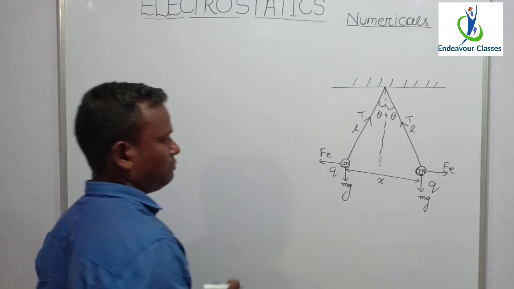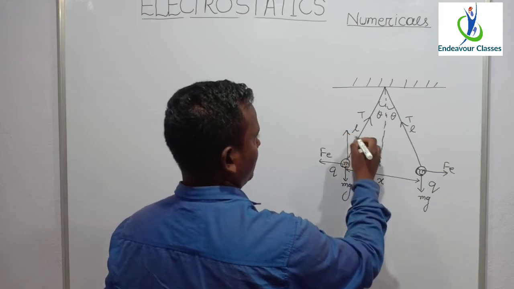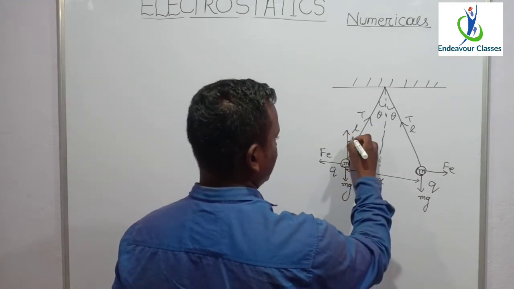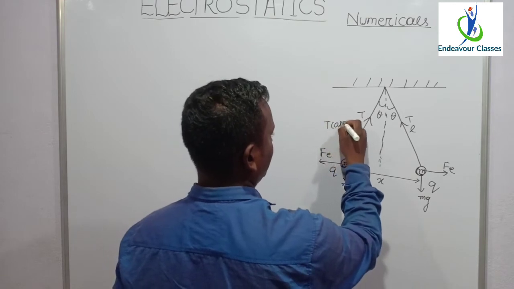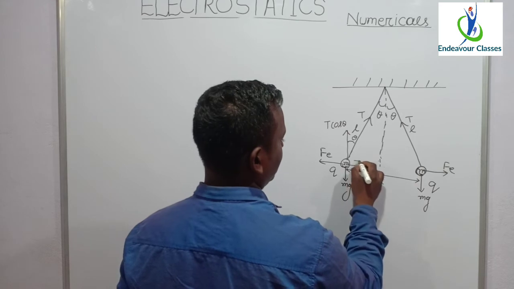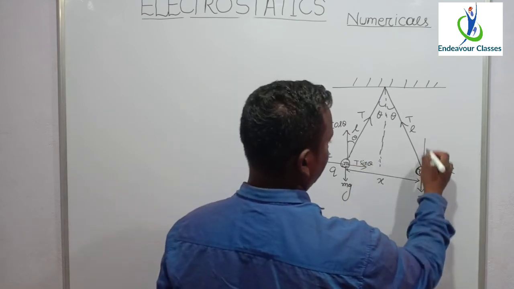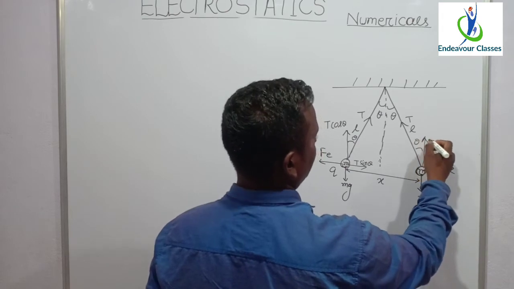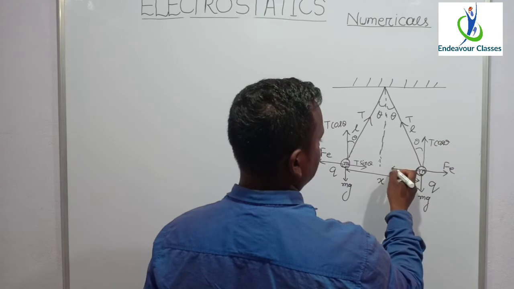Now again, as this angle is theta, this angle will also be equal to theta. So this will be T cos theta, and the component in the horizontal direction will be T sin theta. Here again the angle will be theta, so this will be T cos theta, and this will be T sin theta.